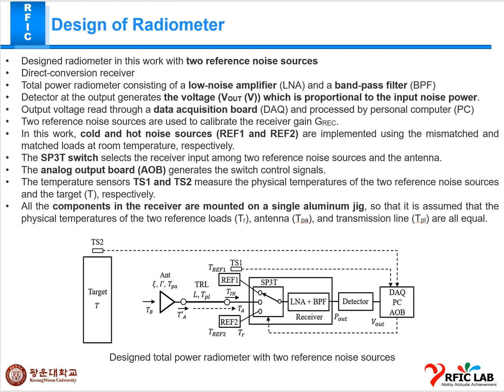The AOB, that is the analog output board, switch controls the signals, and there are two temperature sensors, TS1 and TS2, for these two different noise sources, and there is also a target T. The components and receiver are mounted on a single aluminum jig, and you can see that the physical temperatures of the two reference loads TR, antenna TPA, and transmission line TPL are equal.